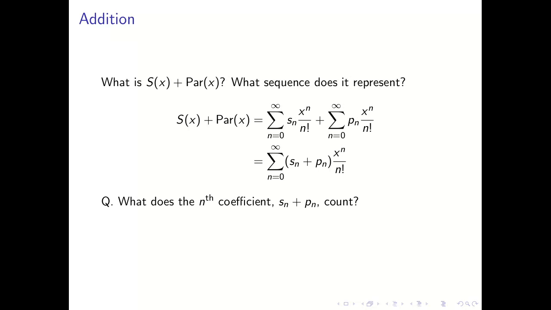Like, if I'm saying that we're using generating functions to represent sequences of things that we can count, then what does this represent? And, well, if you think back to just operations on sets, what is the operation on 2 sets that when you do it, you get the size to be the sum of the sizes of the 2 constituent sets? And that's the disjoint union.